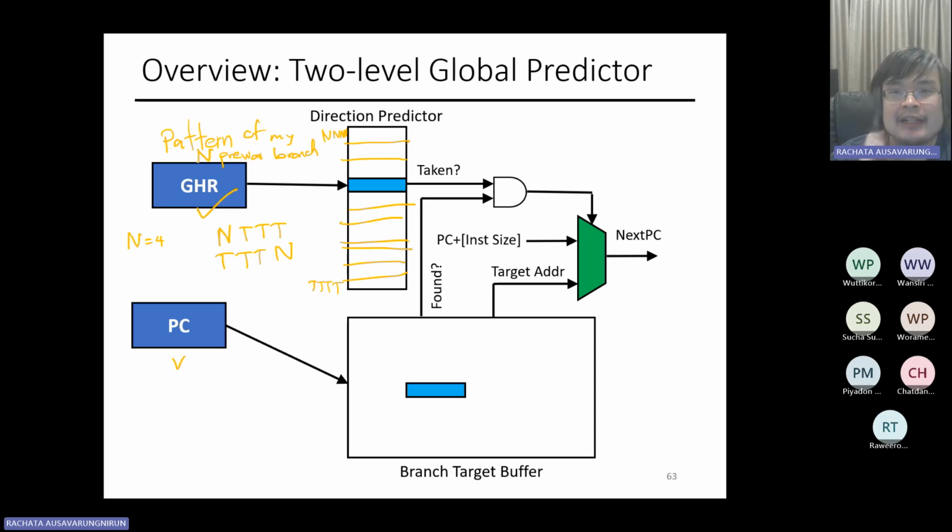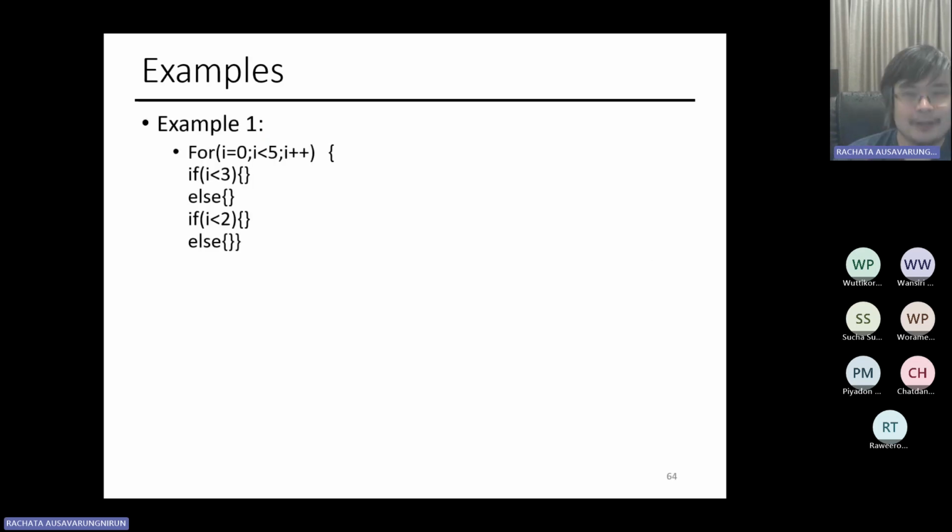All right. Now, here are some more concrete examples. So let's say this is your program. If I is less than 5, that's a loop. Then you have 2 if-else conditions, right? If I run this program, this is what's going to happen. Let's assume that if this is true, you take the branch, again, for the sake of our assumption.